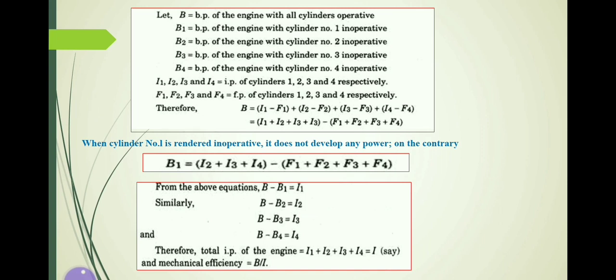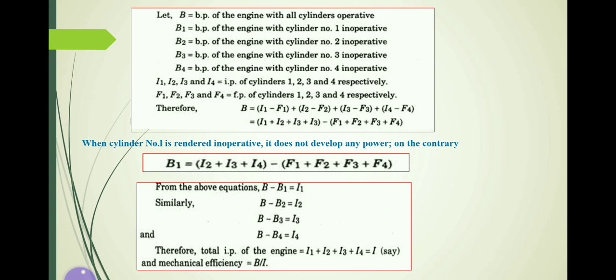But now, if we make cylinder 1 inoperative, no energy is generated inside this cylinder, so the indicated power of that cylinder is 0. If we find the brake power B1 using the above formula, I1 is 0 because cylinder 1 is inoperative.